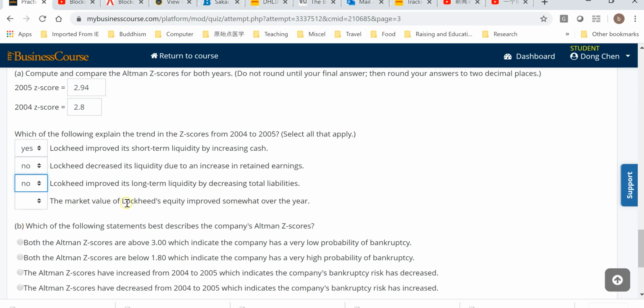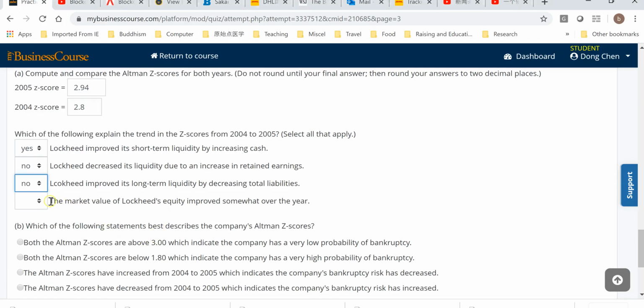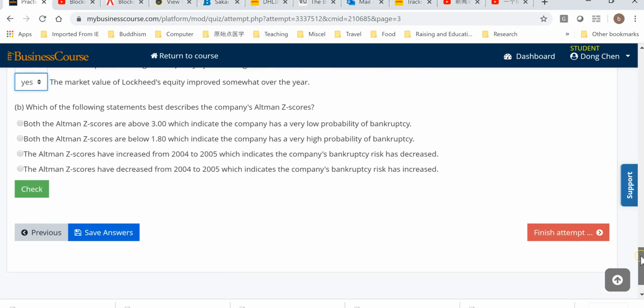So you can also judge that this is not a correct statement by simply looking at that number. And the market value of Lockheed's equity improved somewhat over the year. Let's check the market value of the equity here. This does seem to be a correct statement, right? The market value of equity does seem to increase over the years. So this is correct. And part B, which of the following statements best describes the company's annual Z-scores?